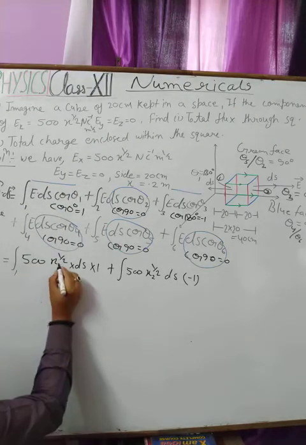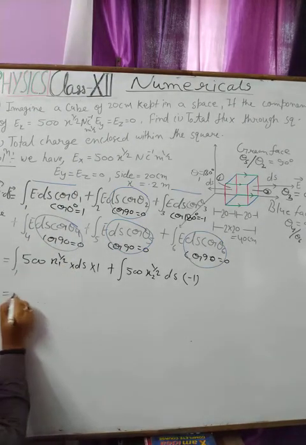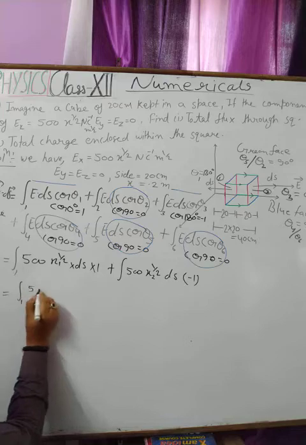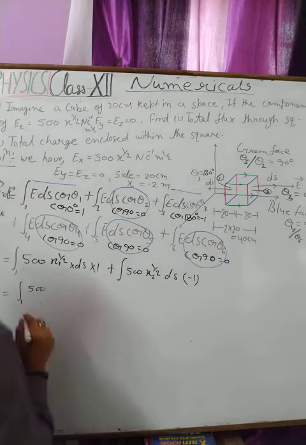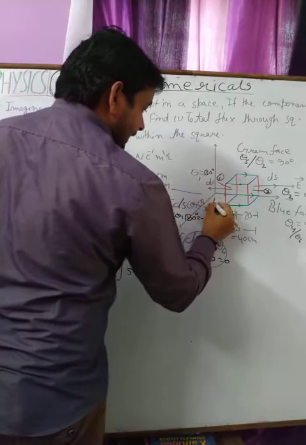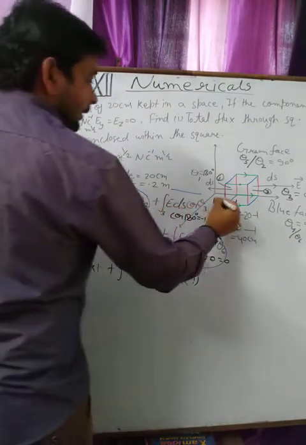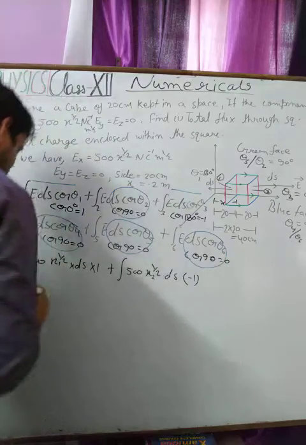Okay, now for surface 1, 500, here student, this is the distance of surface 1, which is x, and this x is equal to 0.2.